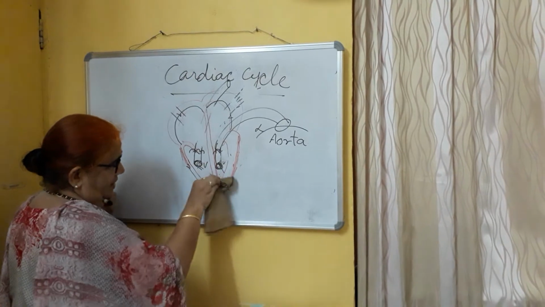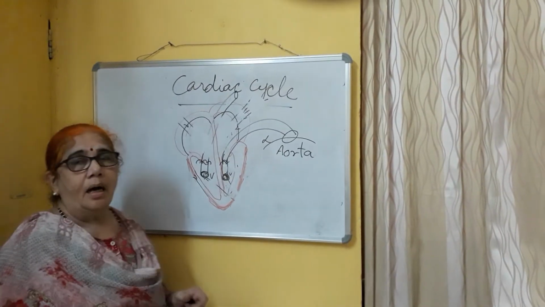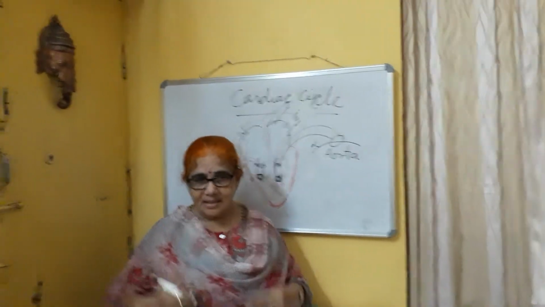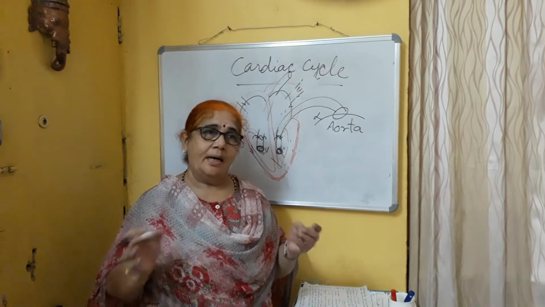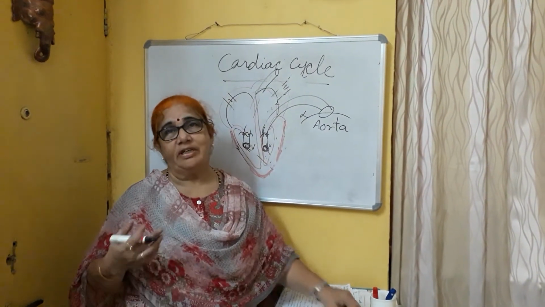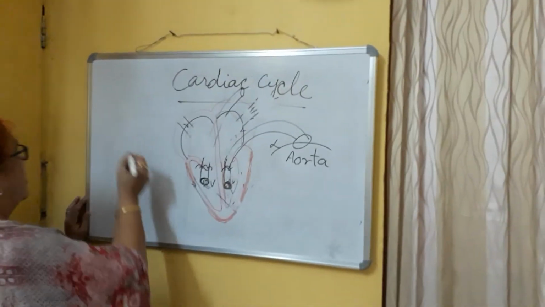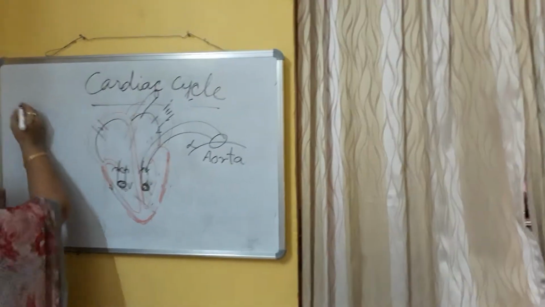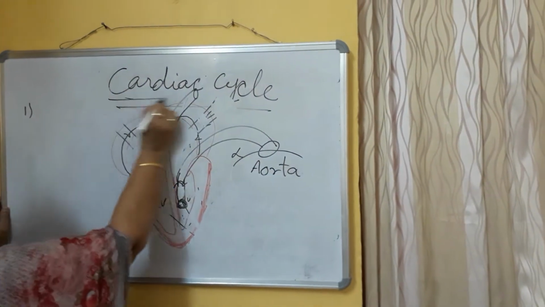I will tell you which pages afterwards. Cardiac cycle means why and how the blood is coming inside the chambers, and why the blood is sent away from the ventricles to the lungs and body. These points are for the higher classes, but you should know. Cardiac cycle, this is the heading.